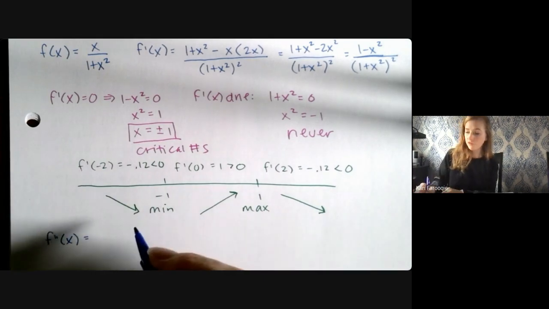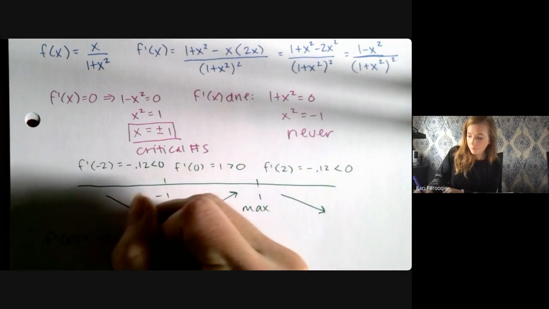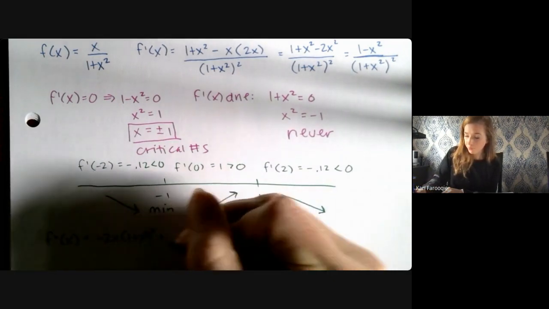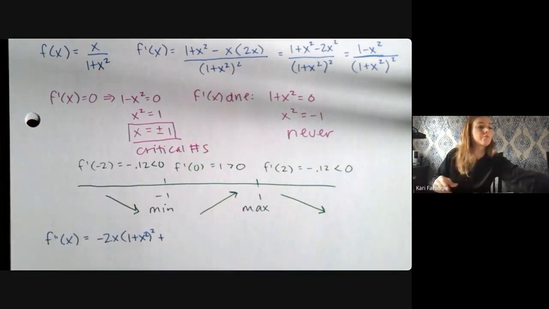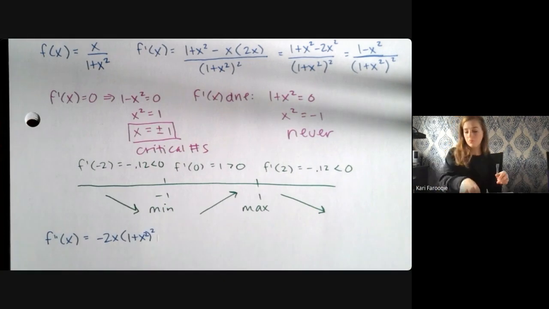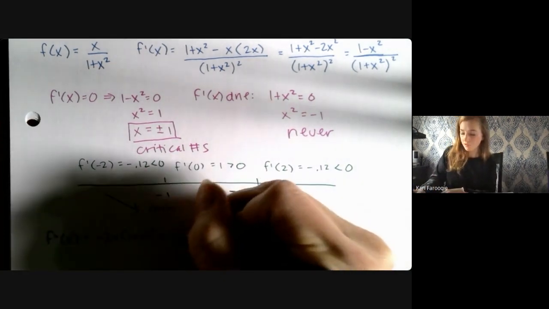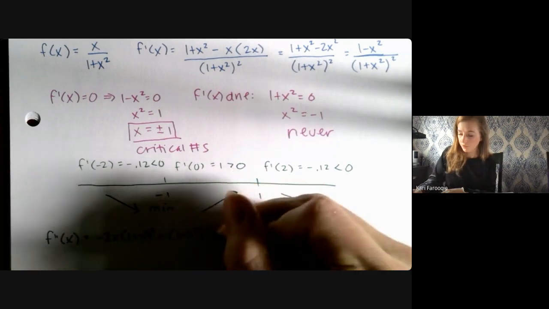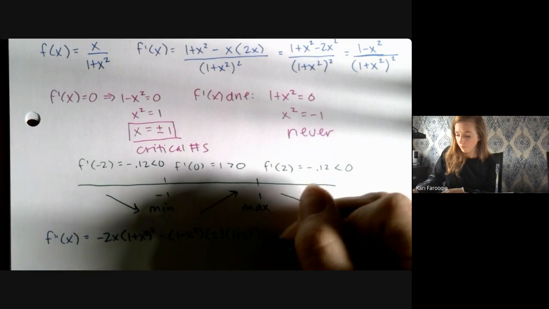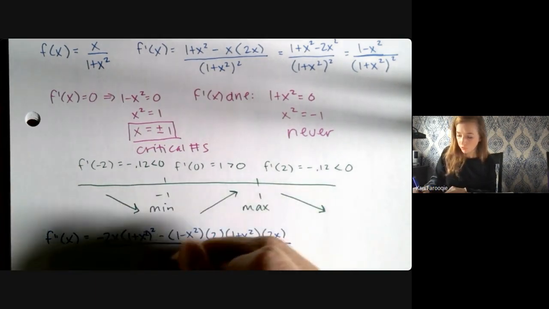So for f double prime, I'm going to take this derivative, f prime g minus f, and then g prime needs the chain rule, all divided by g squared.